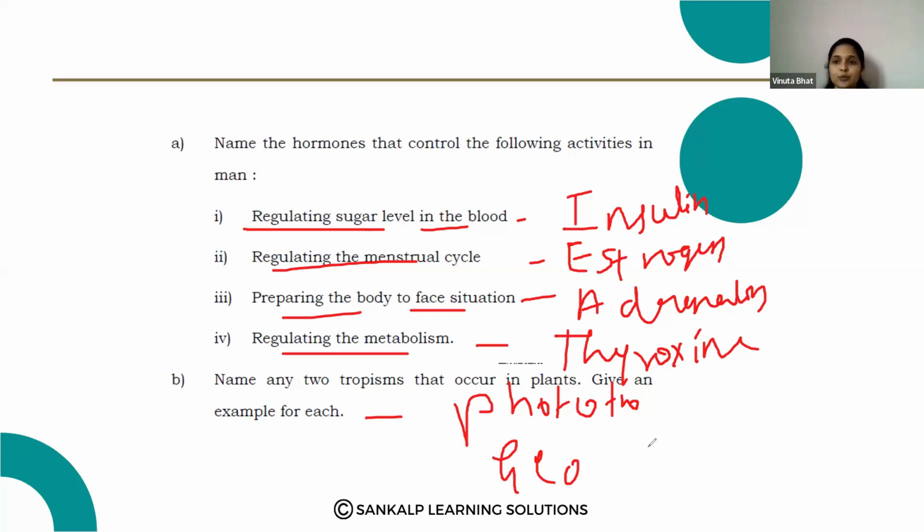Geotropism, that is the development of the roots towards the soil, towards the gravity. And the chemotropism, that is the development of the pollen tube towards the ovary, towards the egg cell. So you can write any example.